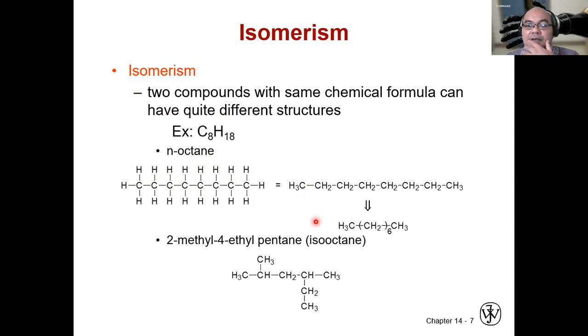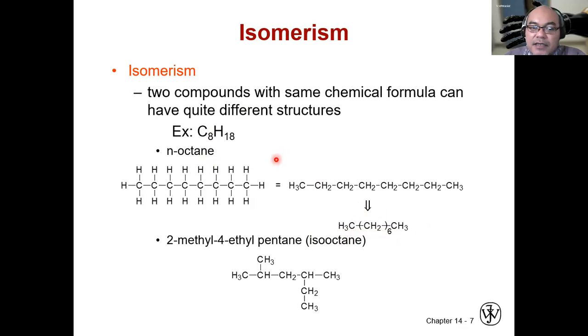Then we can also have, so this is if we rewrite the structure in a contracted, abbreviated way, we can shorten the middle structure as CH2 repeated 6 times, connected to CH3 at its 2 ends.